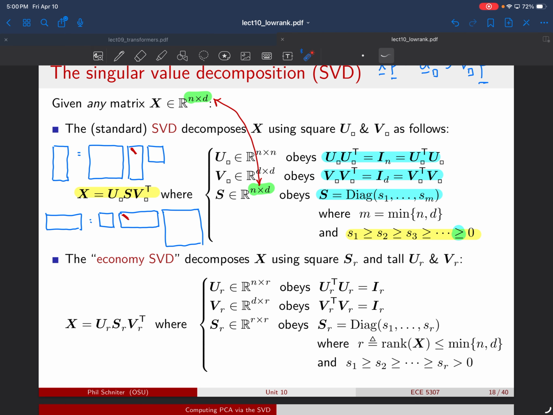Now, there is an economy SVD, which exists because if you think about it, if you have a bunch of 0 elements here, then what that means is that when you do this multiplication, all those columns are all zeros.